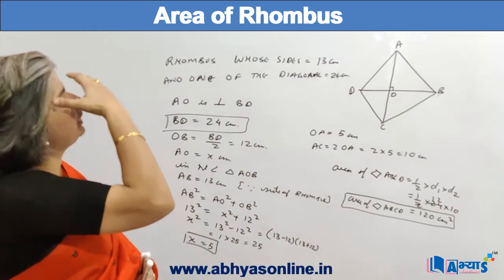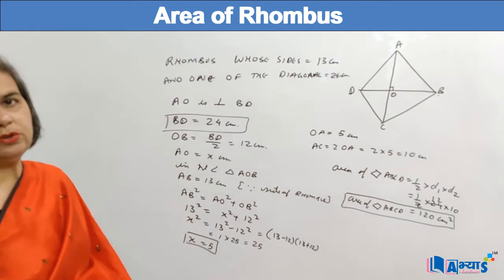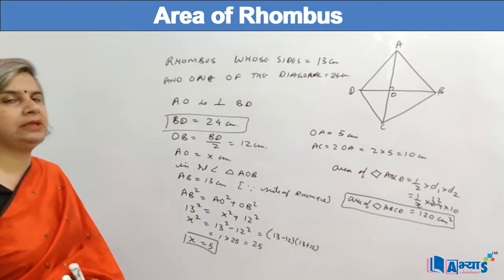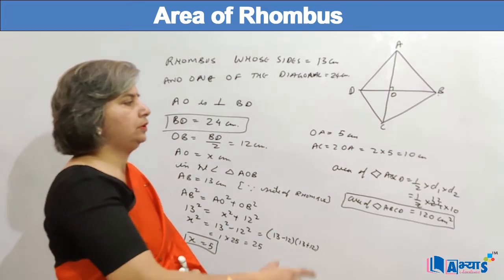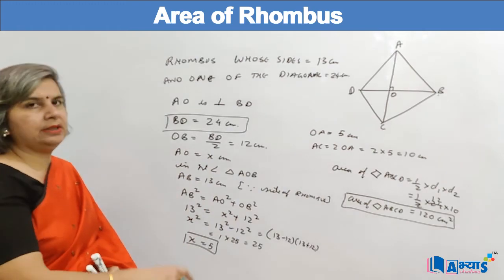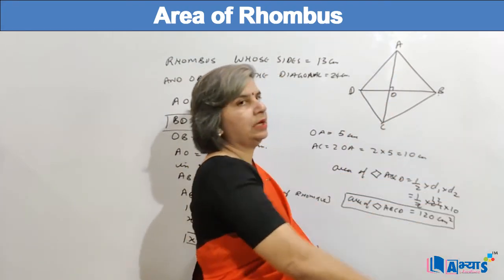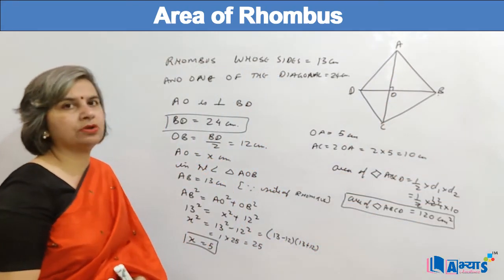In this question we were given the side of the rhombus and one diagonal, and we were supposed to find the other diagonal, because the area is equal to the product of the lengths of the two diagonals divided by 2. So to find the other diagonal, I used the concept that AC and BD are perpendicular bisectors of each other.